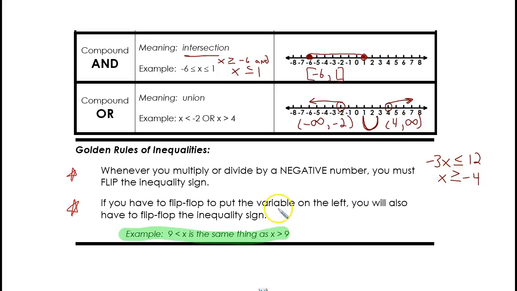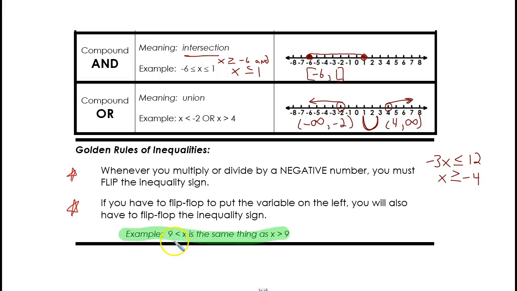Even more important in this lesson is if you have to flip-flop across the inequality, or what is on the left you want to move to the right of the inequality, and what's on the right you want to move to the left. When you do that, you also have to change the sign of the inequality.